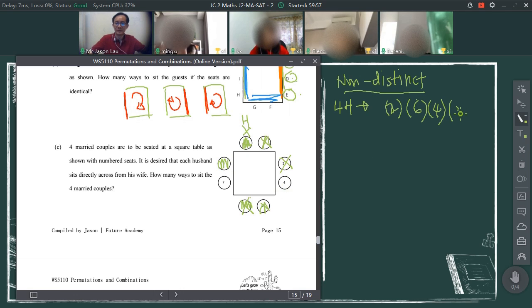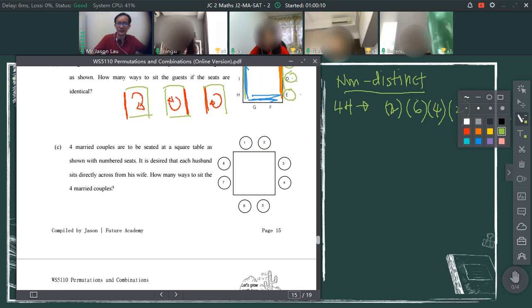The choices for the first husband is 2. First one again: because all the seats are identical, when you do the sitting it is almost like a round table. The person can sit here, here, here, here, and they are the same.